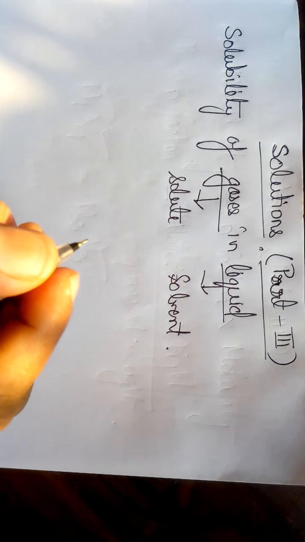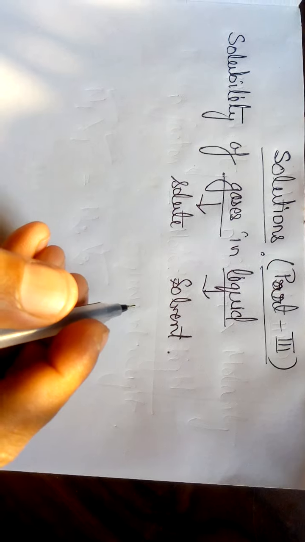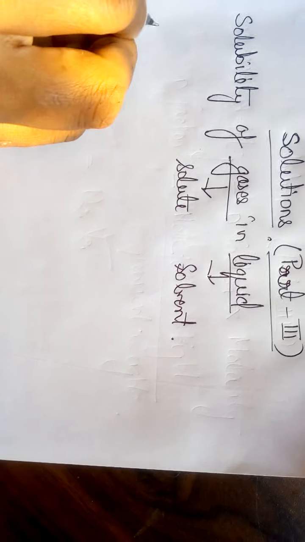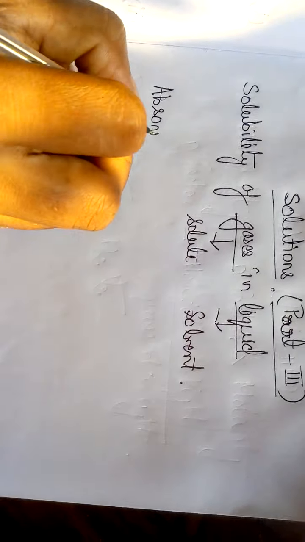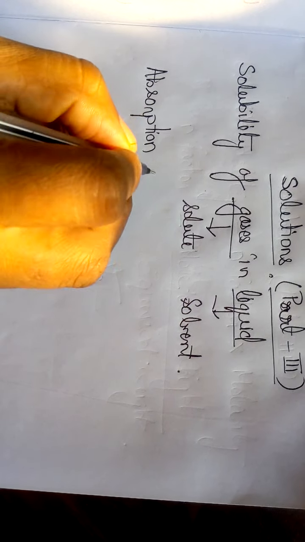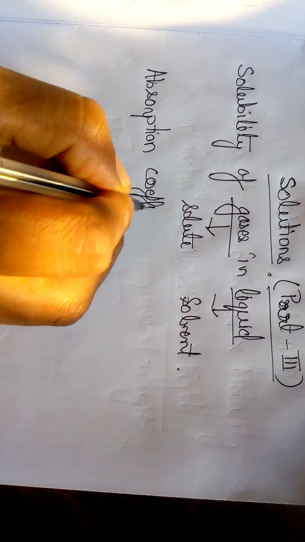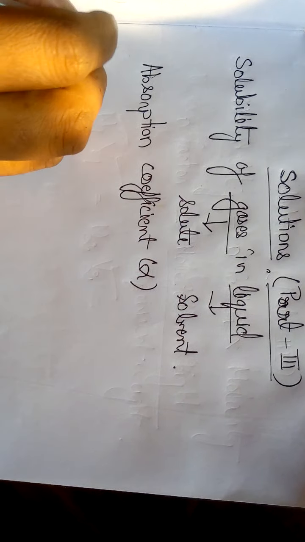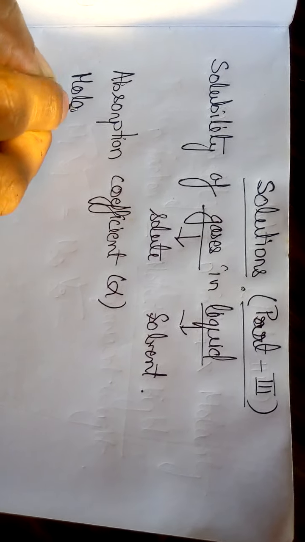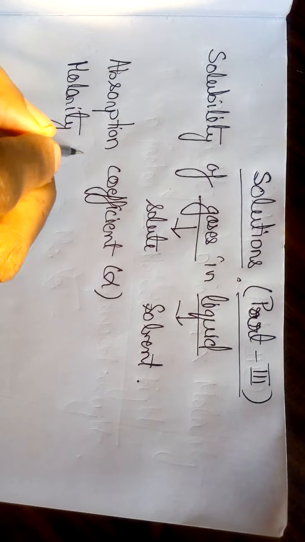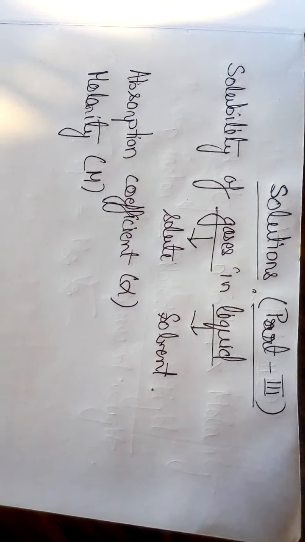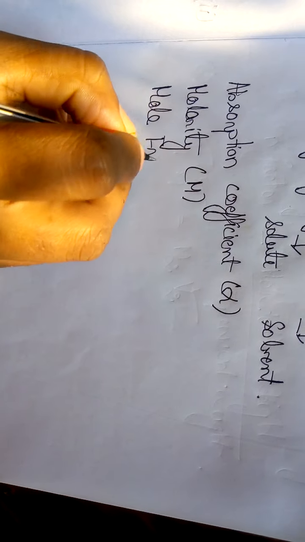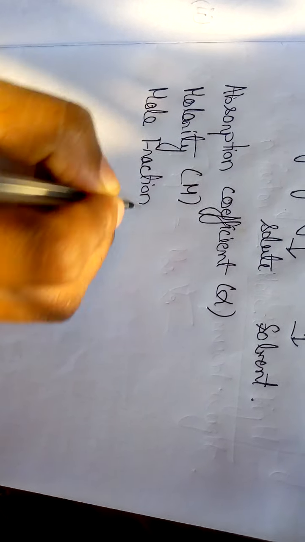The solubility of a gas in a liquid is expressed in terms of absorption coefficient, which is denoted by alpha, or molarity, denoted as capital M, or mole fraction, which is denoted as capital X.